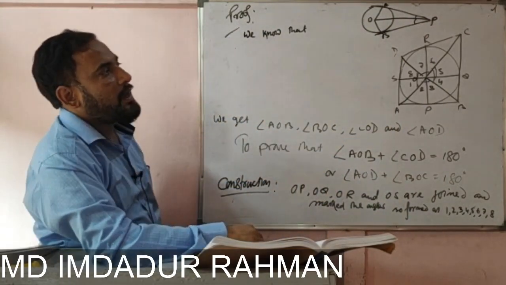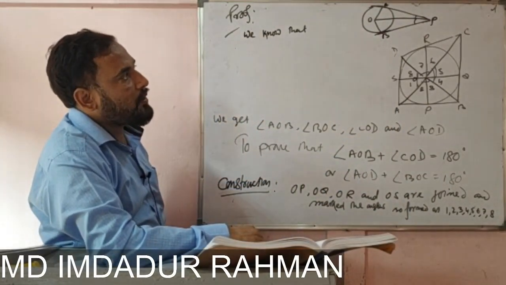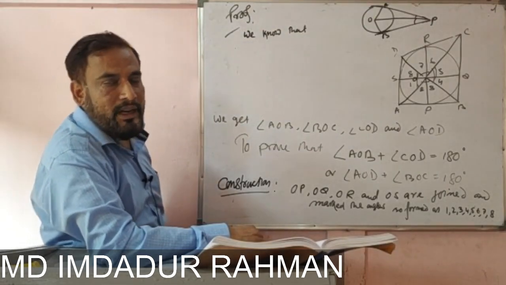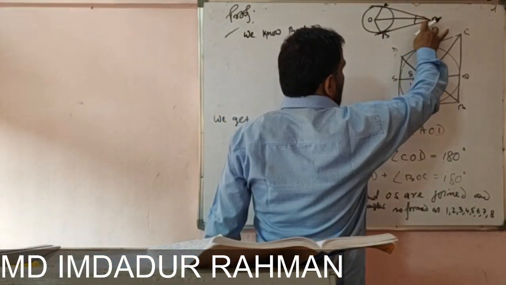OP bisects the angle formed by the two tangents at the point of contact as well as the external point.